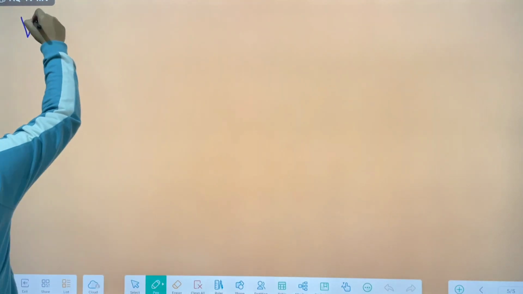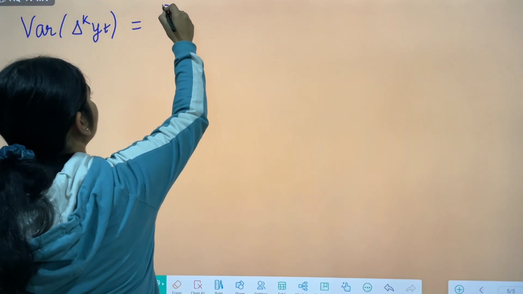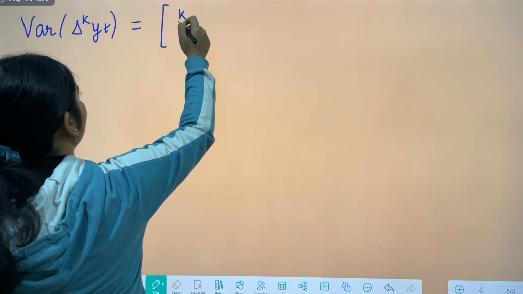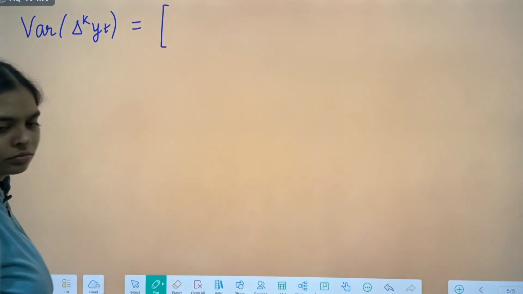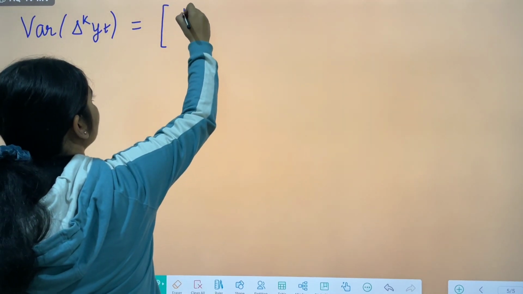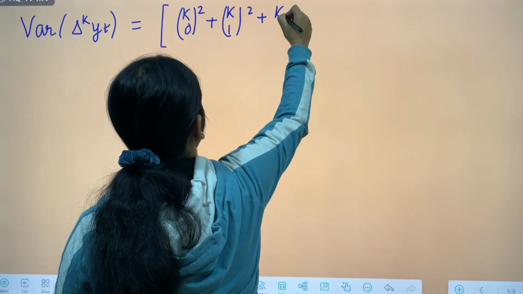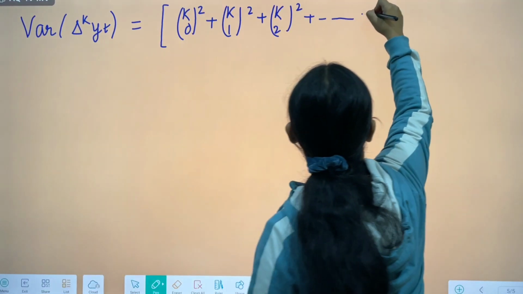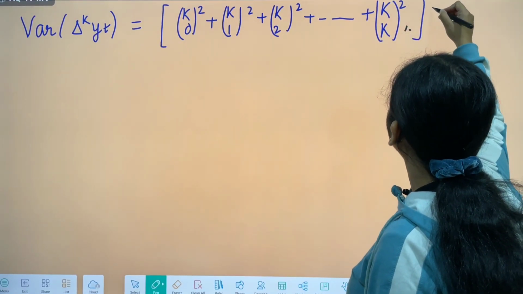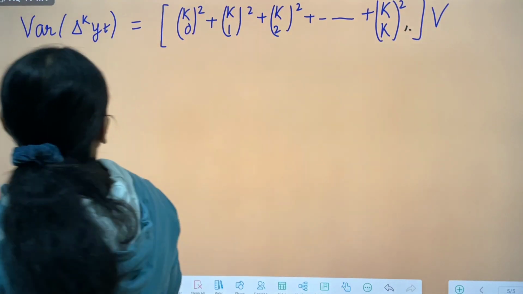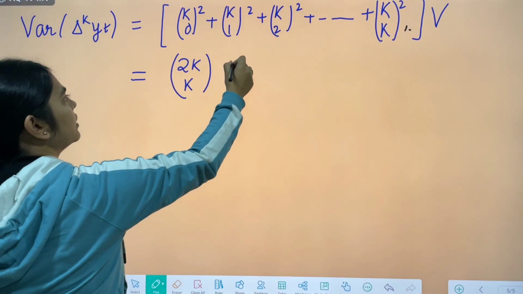The variance of Δ^k y_t is equal to (kC0 whole square plus kC1 whole square plus kC2 whole square up till kCk whole square) multiplied by v. The summation of this will be 2kCk into v.